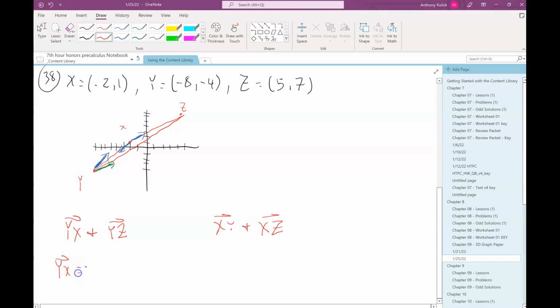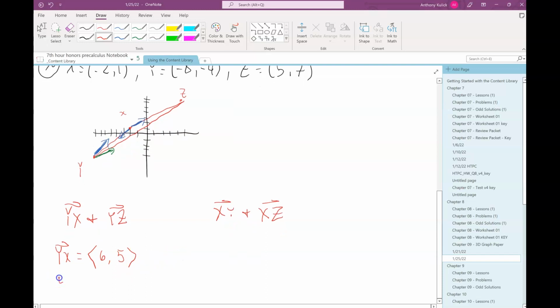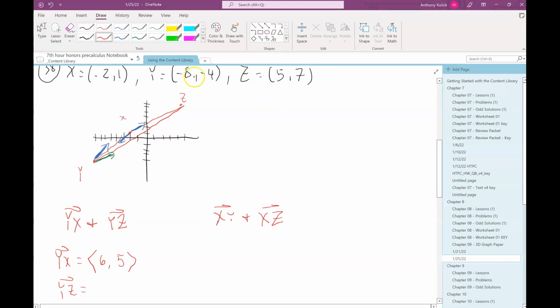So let's start by writing these vectors in component form. If I do head minus tail, I'm going to do -2 minus -8, so that's 6. And then 1 minus -4, so that's 5. And then 5 minus negative 8, so 13. And then 7 minus negative 4, so 11.